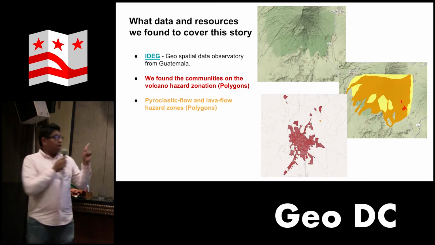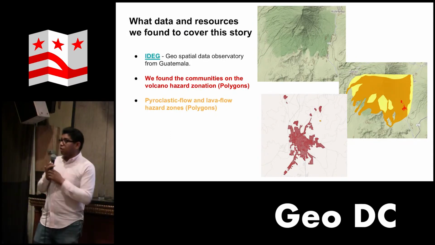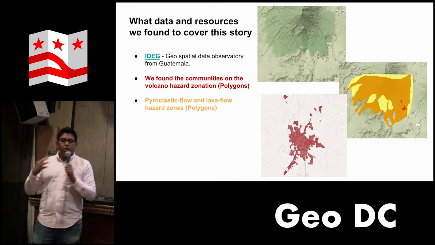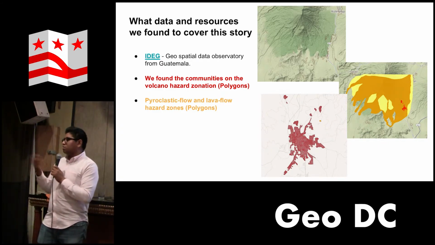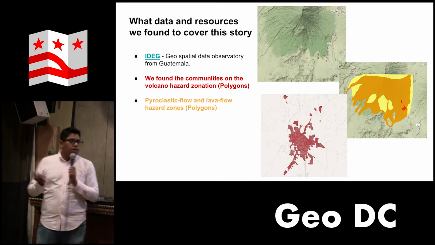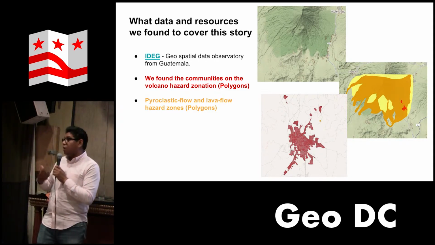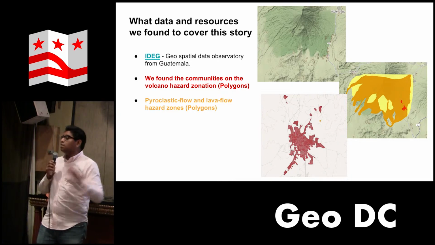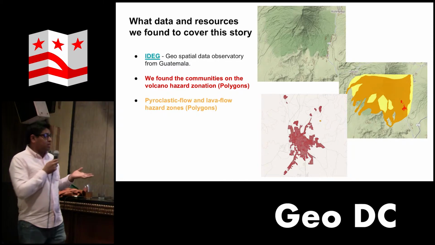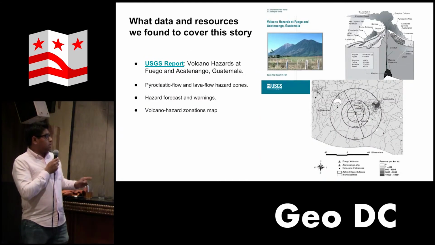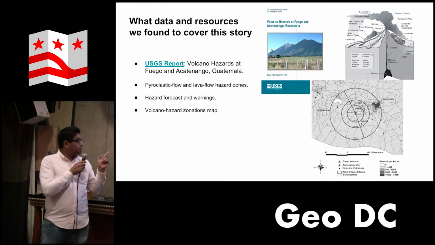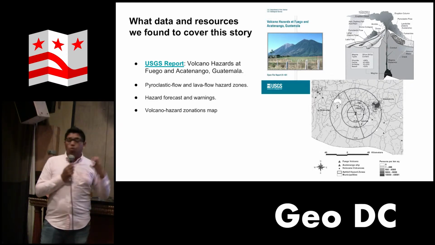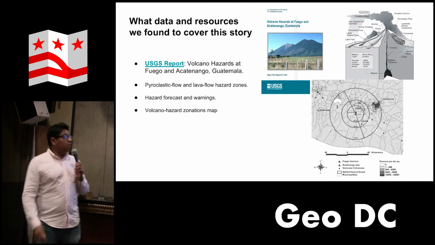So we went to the Geospatial Observatory from Guatemala too. We had different issues when we tried to get the data, because maybe most of you are cartographers and know about projections, and there were different projections. We imported this afterwards and it wasn't working. The next please. So we found the USGS report that talked about the Fuego volcano.